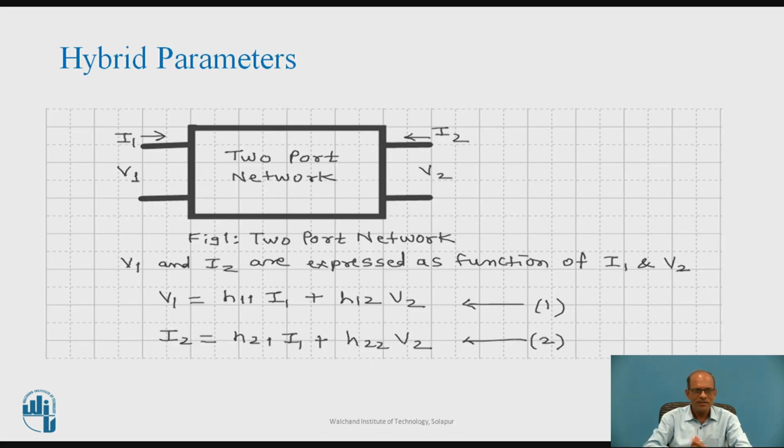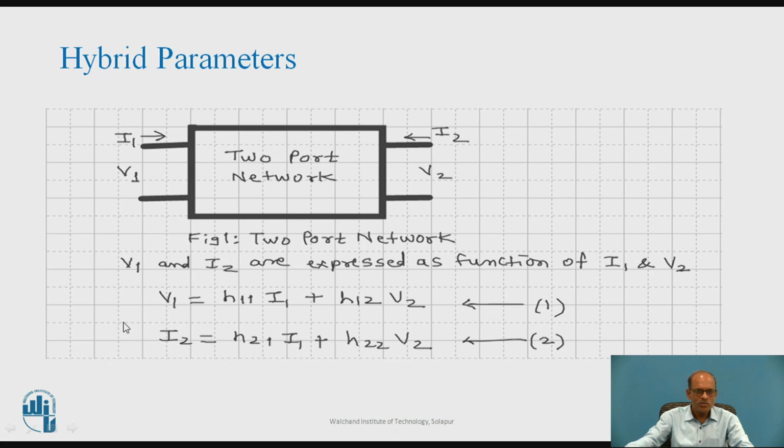Now first let us understand what are hybrid parameters. Now figure 1 shows a two-port network. Now at the input port voltage and current is denoted by V1 and I1, and at the output port voltage and current is denoted by V2 and I2. Now let V1 and I2 are expressed as a function of I1 and V2.